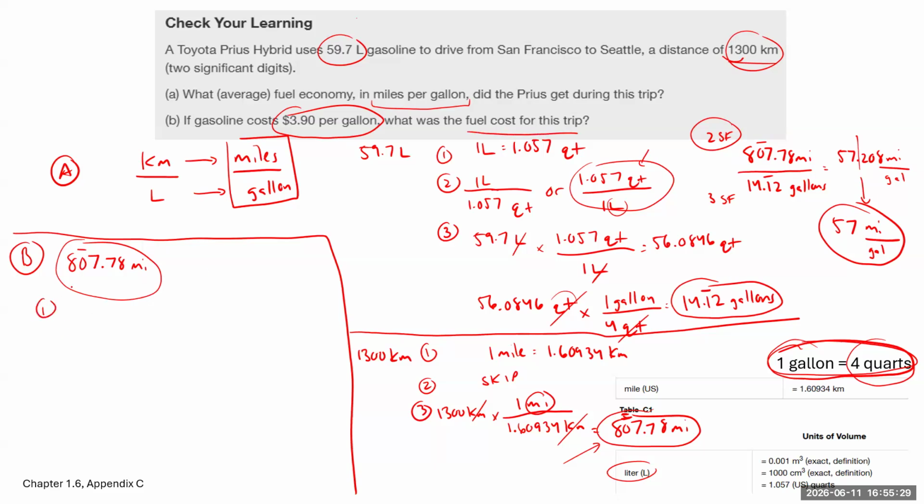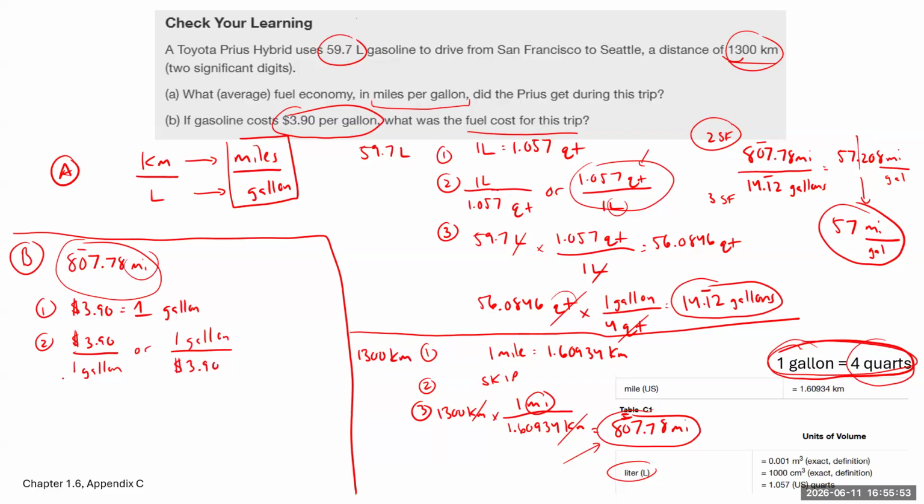So our conversion rate is going to be $3.90 equals 1 gallon. We'll do old school and do all the steps. Write them as fractions. You don't have to, but again, we're just going to practice. 1 gallon over 3.90.